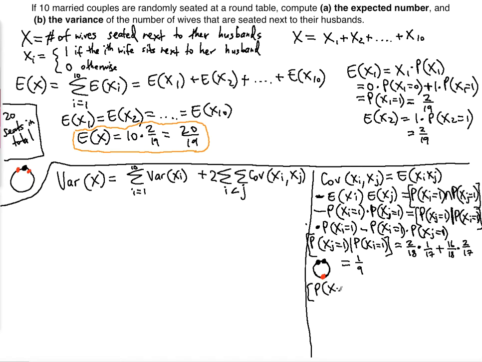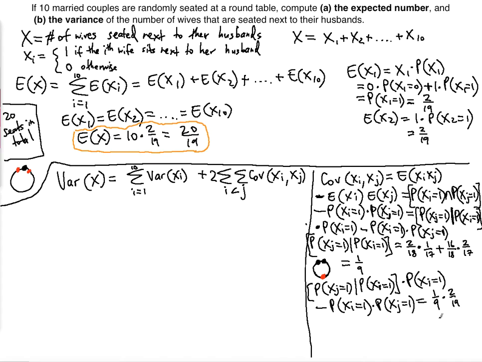The probability of the jth wife sitting next to her husband, given the ith wife sitting next to her husband, times the probability of the ith wife sitting next to her husband, minus the product of the ith wife sitting next to her husband times the jth wife sitting next to her husband, is going to be 1/9 times, now we already found this probability, the probability of xi equal to 1 is going to be, what? 2/19, right? 2/19 times 1/9 was still 2/19.